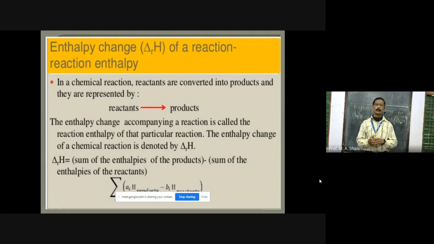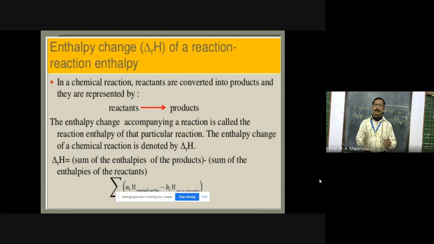Minus the sum of enthalpies of reactants. We have replaced H1 by the sum of enthalpies of the reactants. Same thing is there. For a system, delta H is equal to H2 minus H1. H2 means final state, product state, and H1 means enthalpy for initial state. For a chemical reaction, initial state is reactant state.